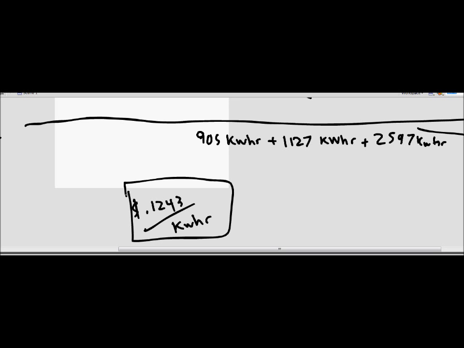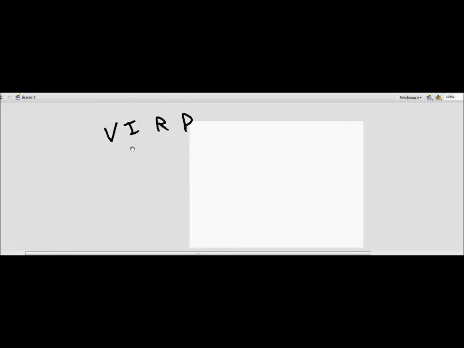So we're just going to jump right into number 2. In number 2, we're introduced to something that you'll be encountering for the rest of this problem bank, and it's called a VIRP chart. What that stands for is the voltage, the current, which is represented by I, the resistance, which is represented by R, and the power, which is represented by P. The problem bank explains how you lay this out, but I'm just going to go through it really quick.